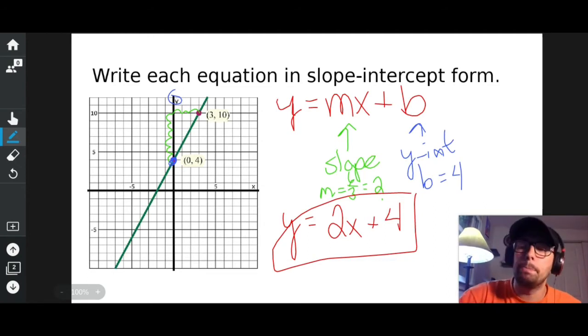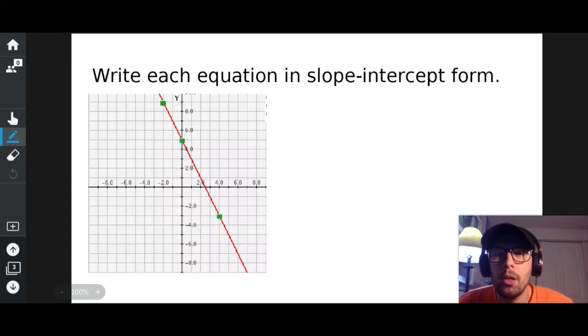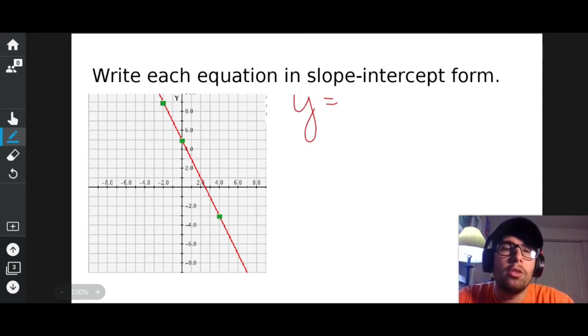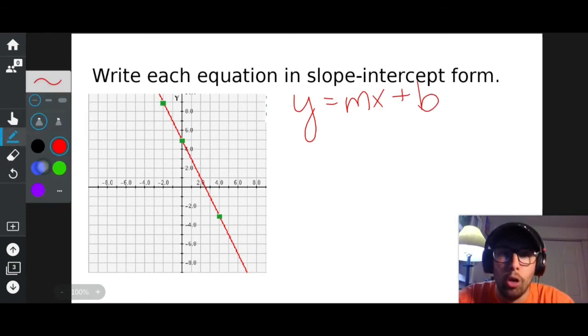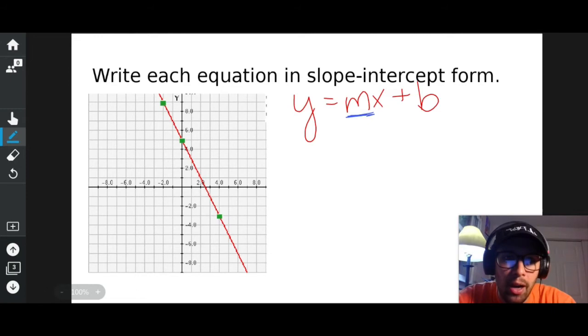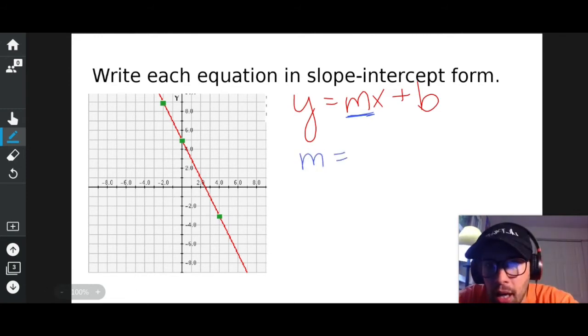Let's do another one. Write an equation in slope-intercept form. Okay, so I'll do it again. Y equals mx plus b. M is the slope, so let's find out what the slope is. Let's pick 2 dots. Here's a dot.